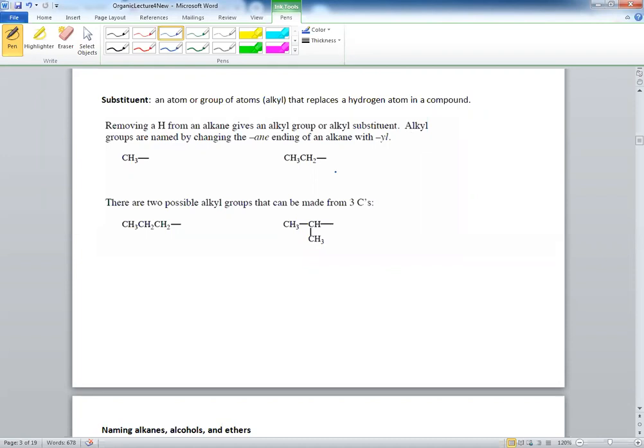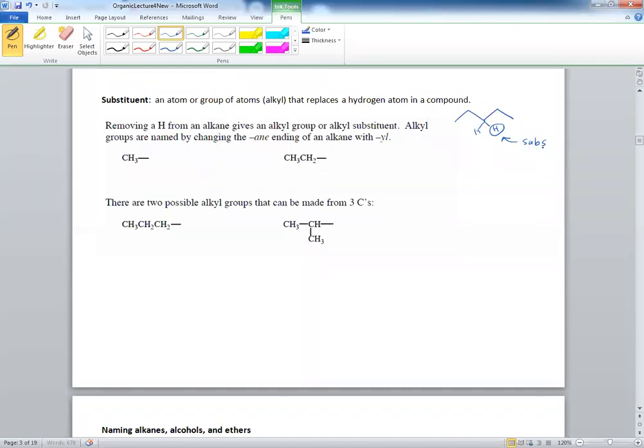So in an alkane, let's say, in this case, pentane, you have H's, you have hydrogens that are not shown. Well, what you can do is you can remove one of those H's and add what we call a group, and that's what we call a substituent.